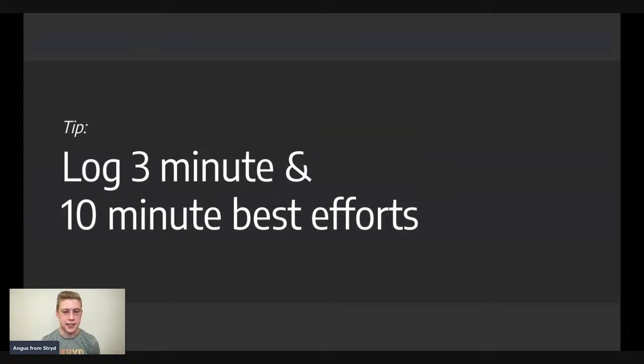A 10-minute best effort gives the race power calculator an idea of what kind of runner you are. Previously we had classifications in the mobile app, such as an aerobic monster or a speed demon, and you can think of it in that way when you log a 10-minute best effort. Are you someone who excels at shorter distance events or someone who excels at longer distance events?